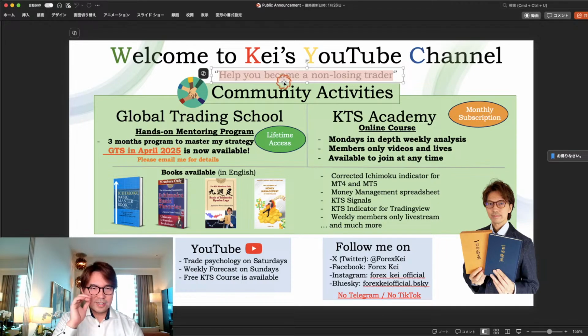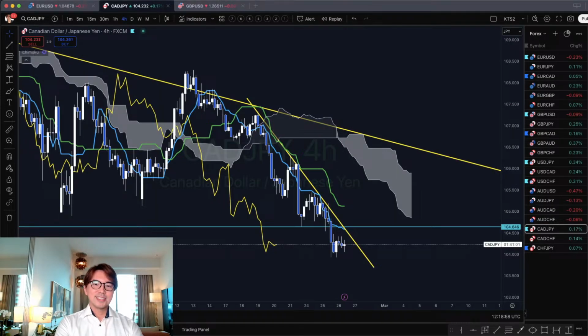But before you start to think about how to make profits, it's more important to think about the risk management, like how much risk you take per trade and how much pips stop loss you take per trade, and when to exit when the market goes opposite direction after the entry.